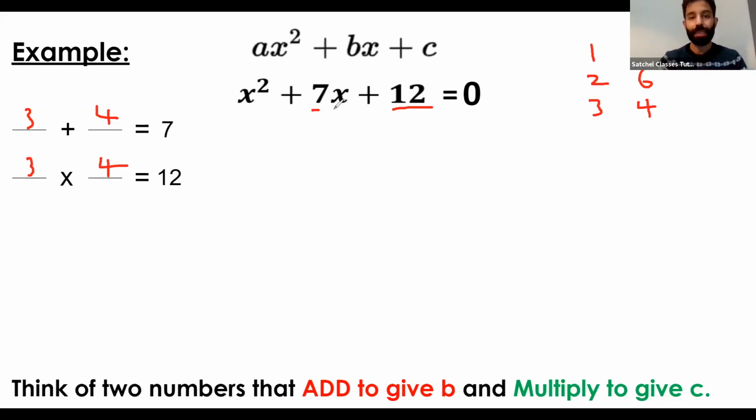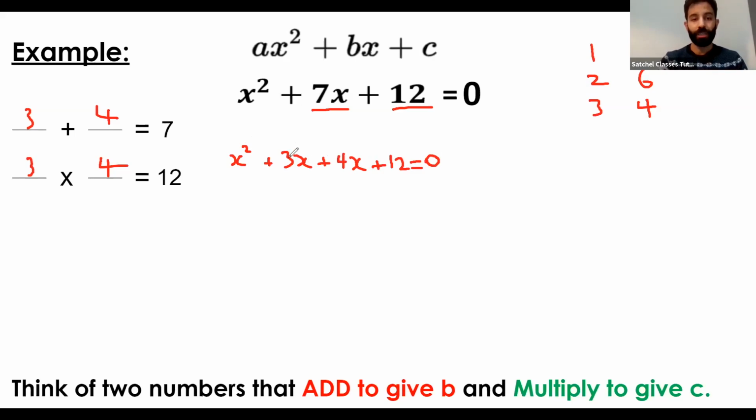However, we're going to break 7x down into 3 and 4. So we can rewrite this as x squared plus 3x plus 4x plus 12 equals 0.